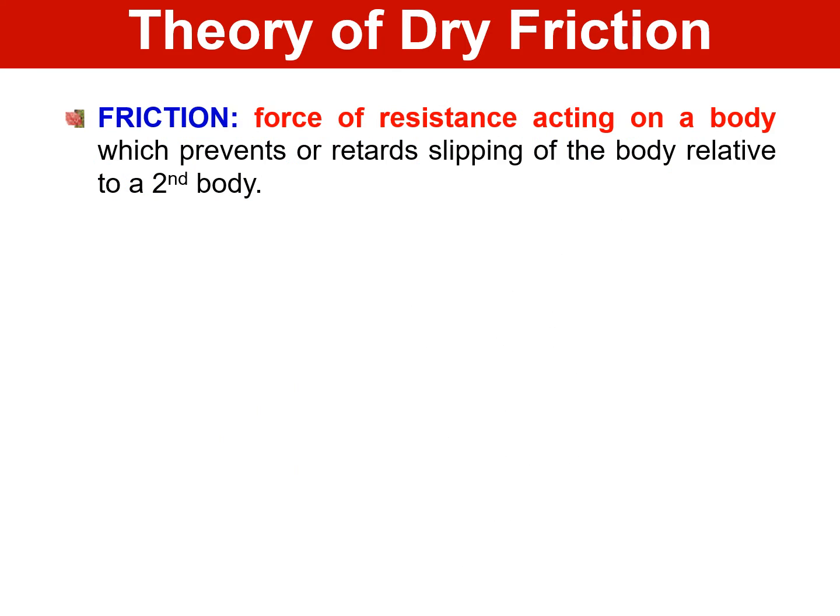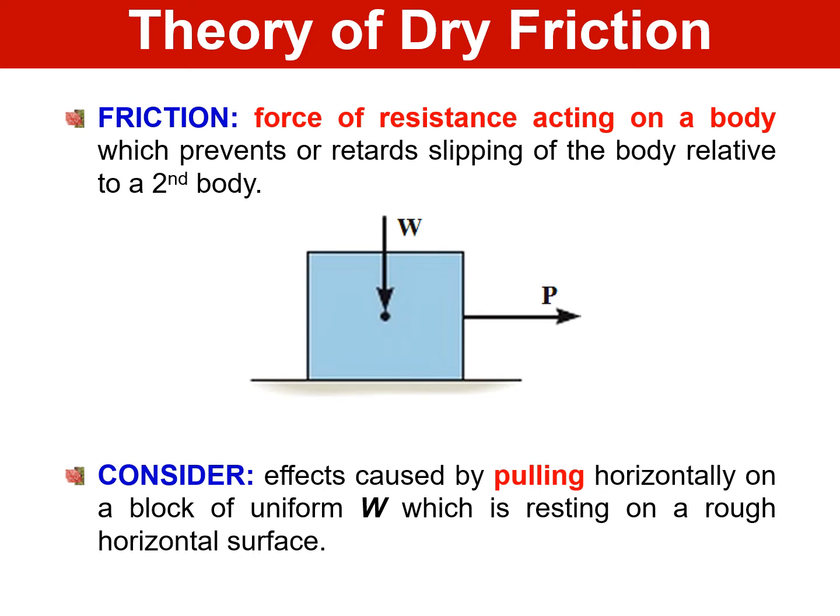Okay, so we'll see the theory of dry friction. Friction is a force or resistance acting on a body which prevents or retards slipping of the body relative to a second body. For example, you can see from this figure here. Consider the effects caused by pulling a force P horizontally on a block of uniform weight W, which is resting on a rough horizontal surface.